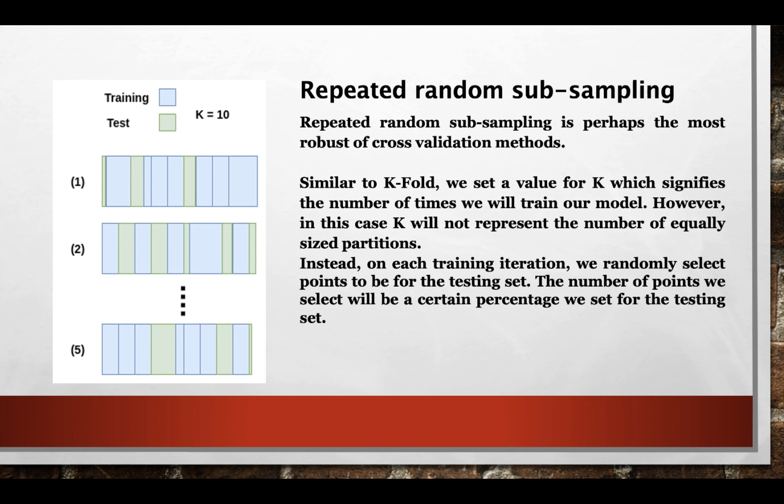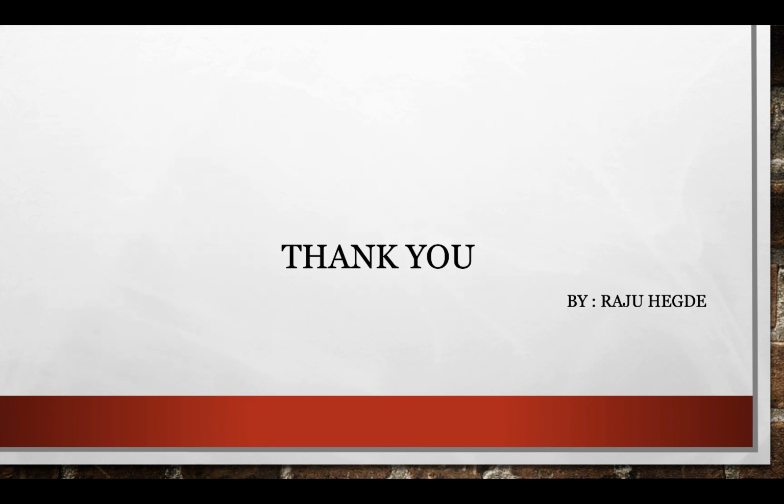This is all the basics you need to get started with cross-validation. You can get started with all kinds of validation techniques using scikit-learn. That gets you up and running with just a few lines of code in Python. Thank you for watching the video.